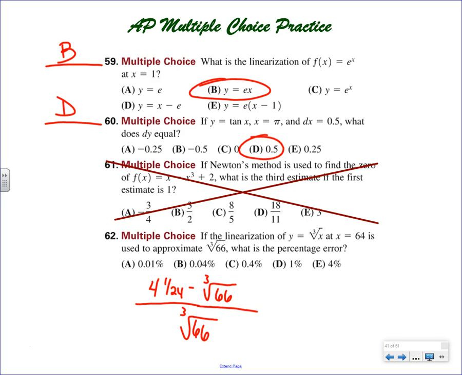Is it 4 and 1/24? Yeah. And you got 0.080105? Okay, is that the ratio? This is the percentage error. It's based on y minus 4 equals 1/3 times the cube root of 64 squared times x, no, times 66 minus 60.